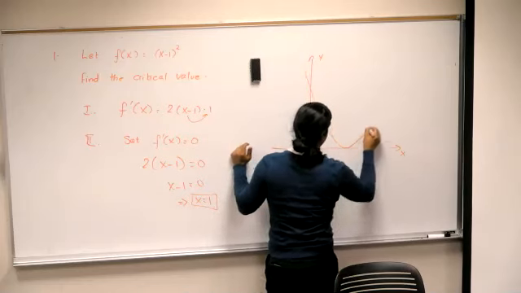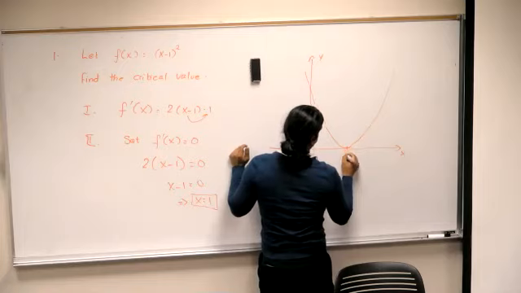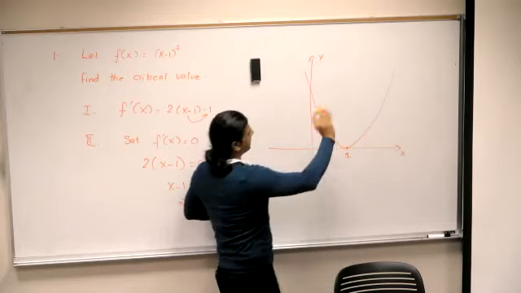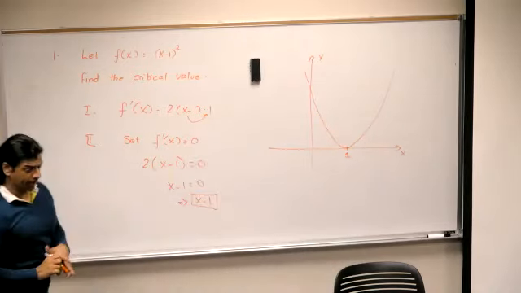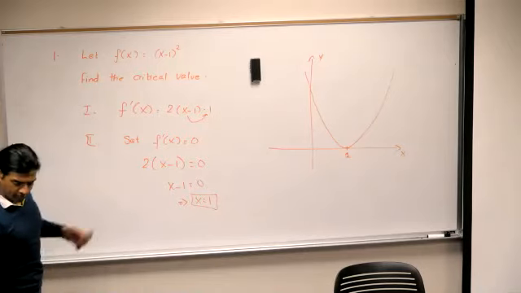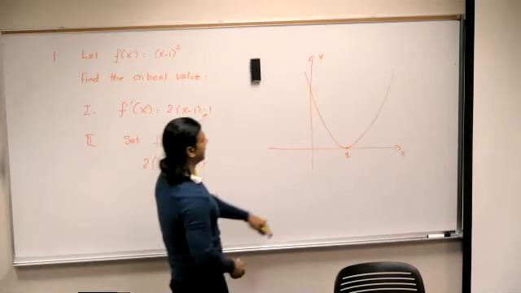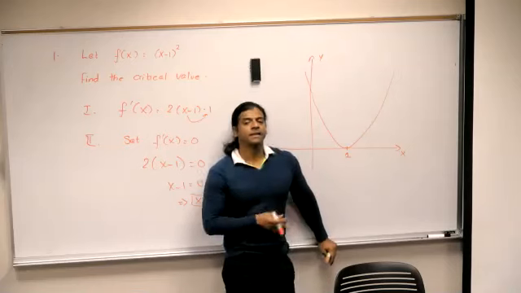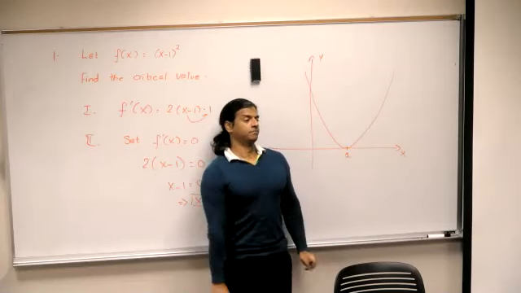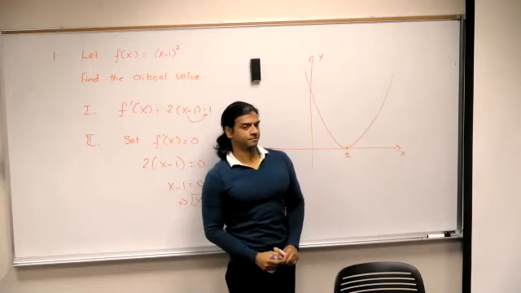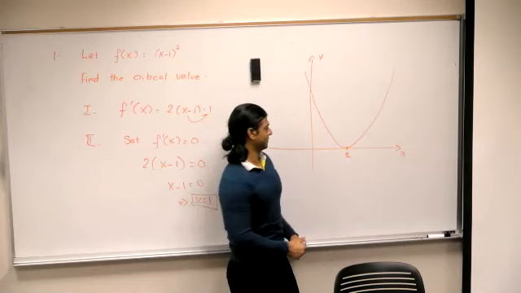So that's what the curve is going to look like. So there is a minimum at x is equal to 1. Is it an absolute minimum? Yes.